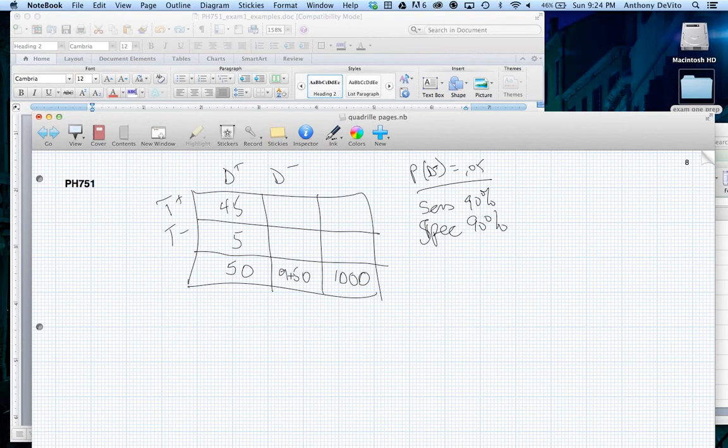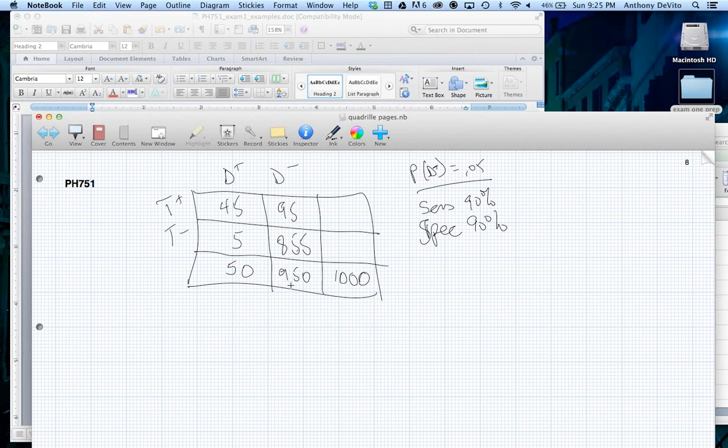So 950 times 90% of the time we'll get it right. We'll go in here. I'm going to do 10%, and 10% is 95, right? So the remainder has to be in here, and that's 855, right? That adds up to 950, I think. No, I'm wrong. It doesn't. 845.